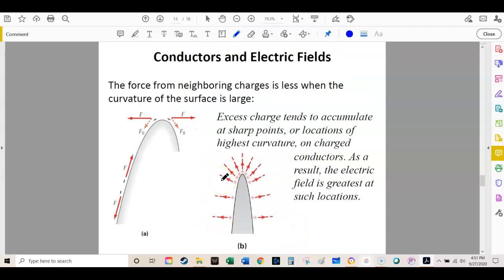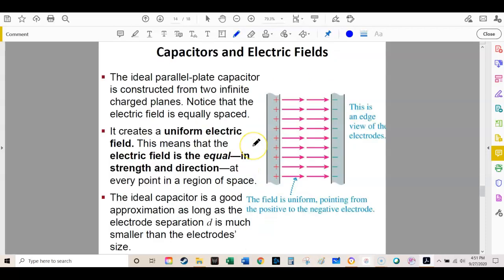So that's kind of the rules of conductors with electric fields. Not only that, if there are sharp surfaces, the excess charges will accumulate at those sharp areas, and it will create a more dense electric field versus a smooth area, right? And with parallel plate capacitors, you have a uniform electric field on the inside. And that electric field is equal everywhere since the electric field lines are equally spaced, right?